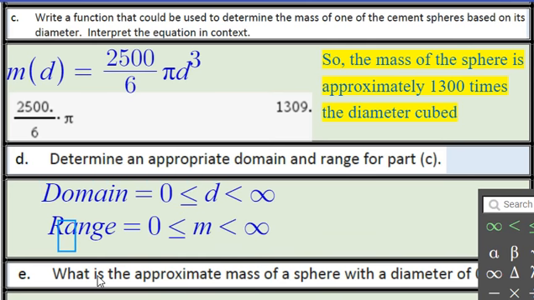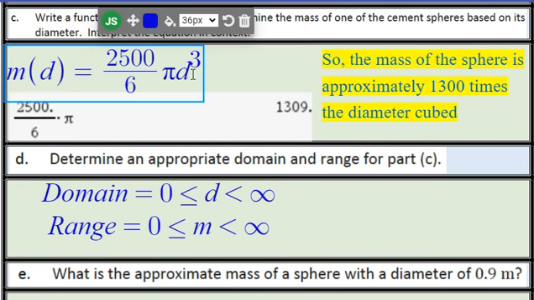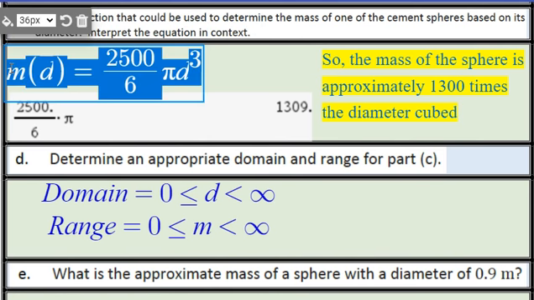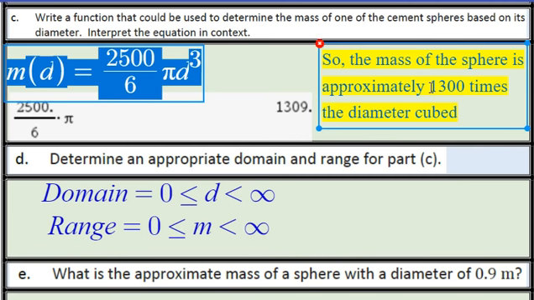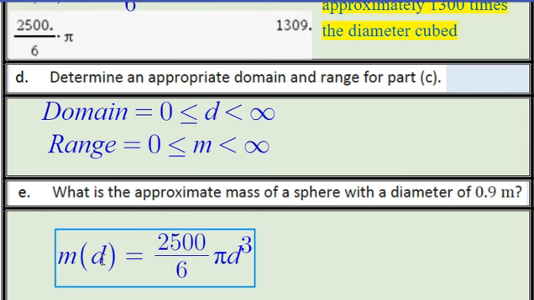So the last part of the question is, what is the approximate mass of a sphere with a diameter of 0.9 meters? So I'm going to take my formula from above. See if I can copy it. Works smarter, not harder. And now I can go in and edit.